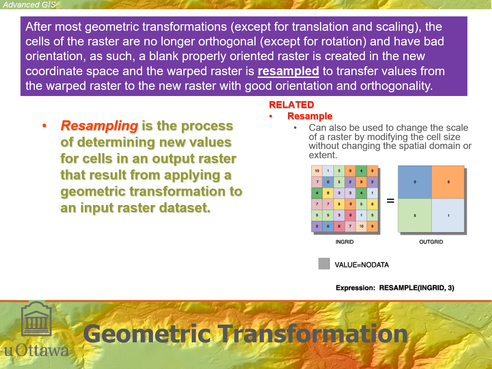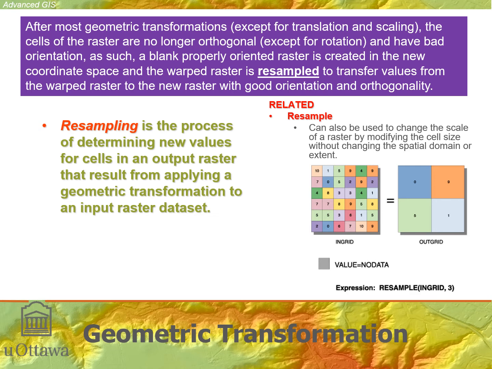And so they don't follow the rule of a raster in that every raster must be square, rectangular, oriented north, south, east, west, with the same holding true for the cells. So we would say it has a bad orientation and lacks orthogonality once we undertake a geometric transformation.